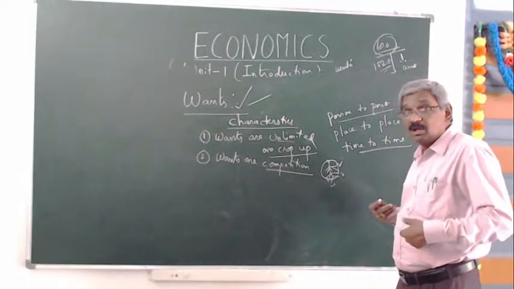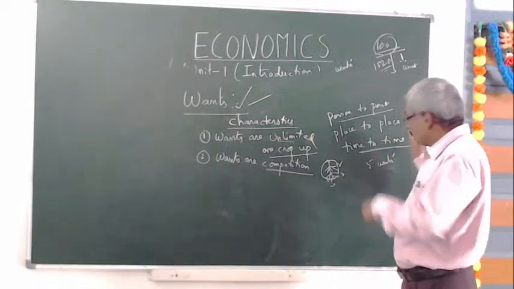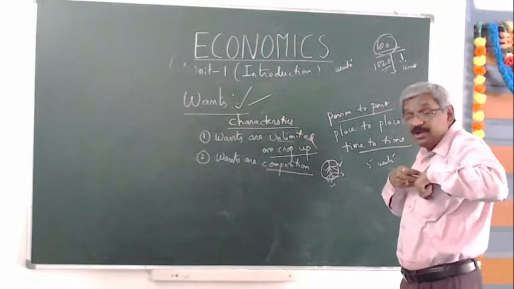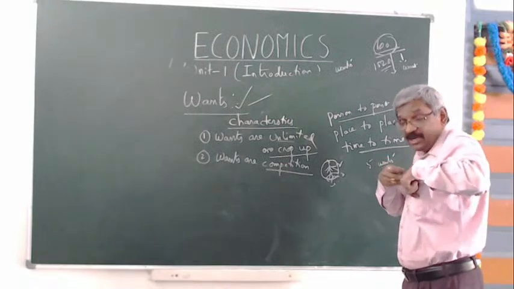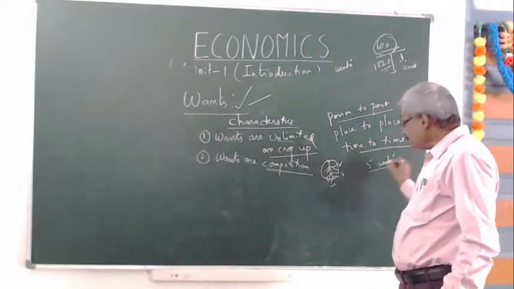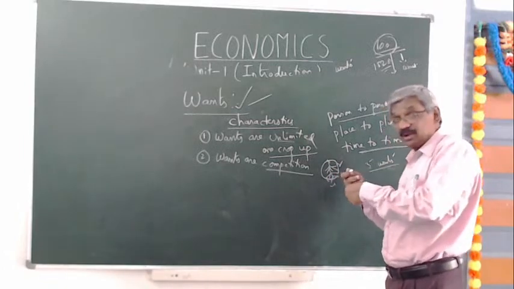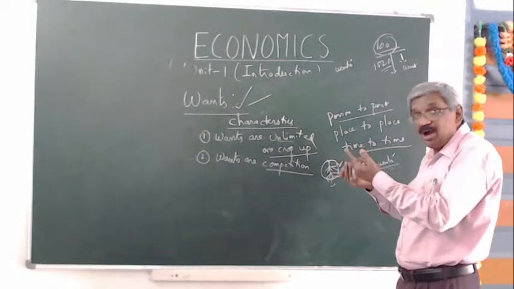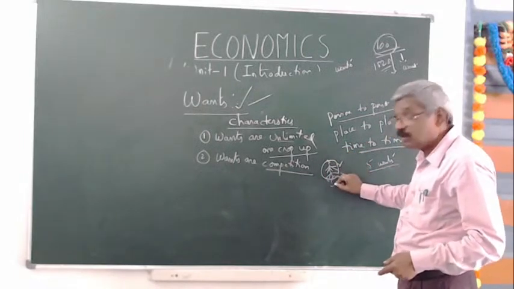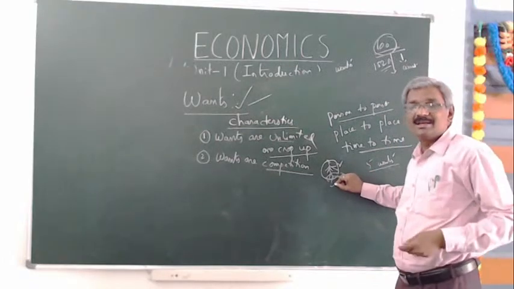Suppose I have just 5 wants, but my resources are limited. With limited resources, how can I satisfy all 5 wants? So each and every want competes. The first want competes with the second, the second with the third, the third with the fourth. Each person chooses the want that gives satisfaction at the maximum level.